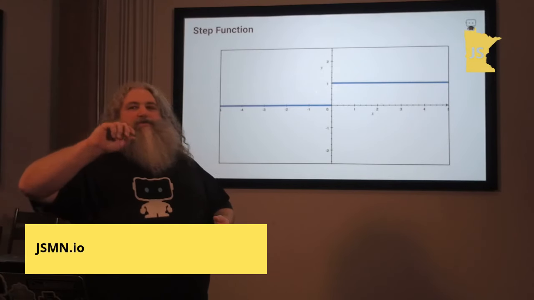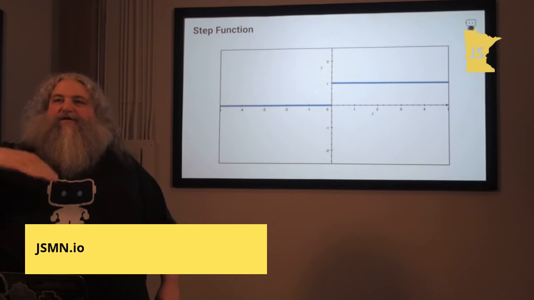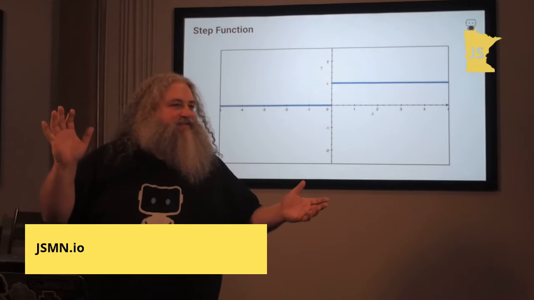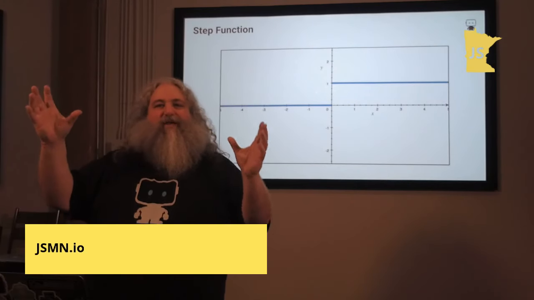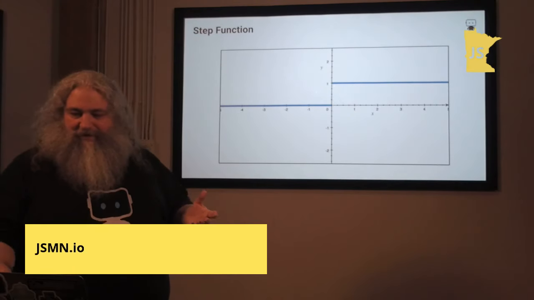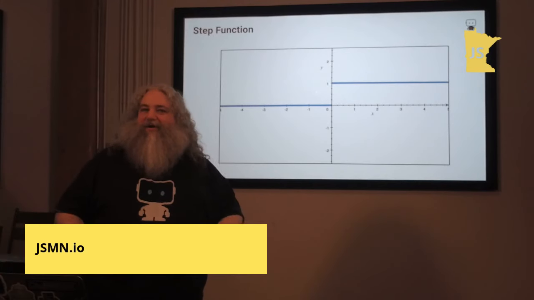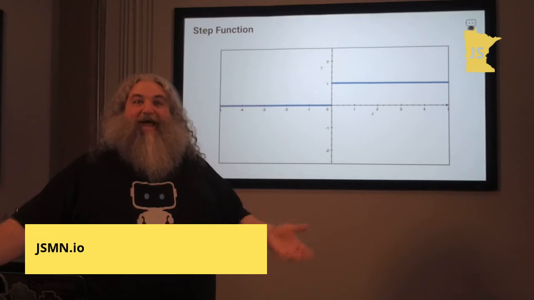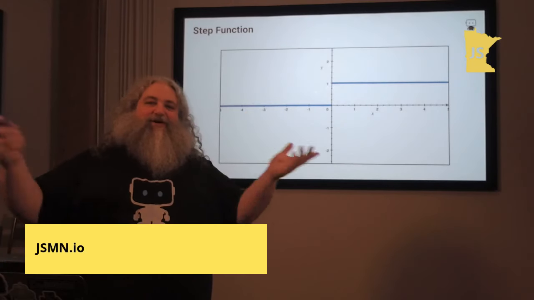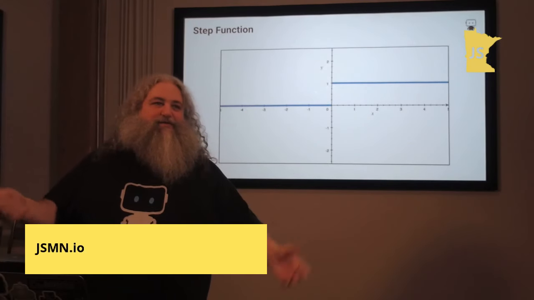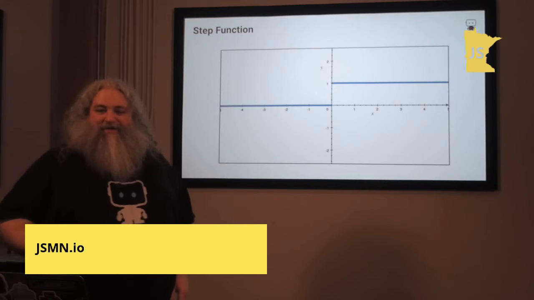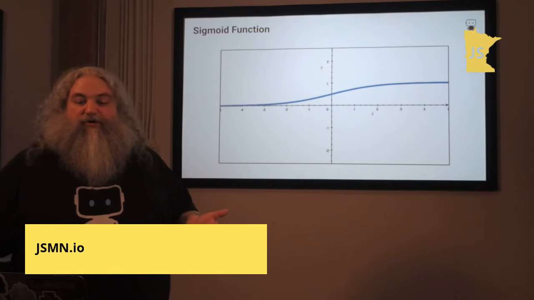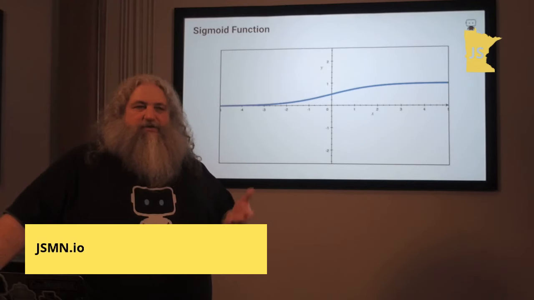You'd slowly adjust those weights and those biases, and then all of a sudden it would flip, and then it would do the opposite thing. So it made it hard to train your networks. And so someone said, this isn't really working that well. This is why they're called activation functions, because the original one activated that neuron, and then they went on, and they didn't activate the neuron, they just adjusted the output. So to address that problem, people started using a sigmoid function, which is also a word that I can say.